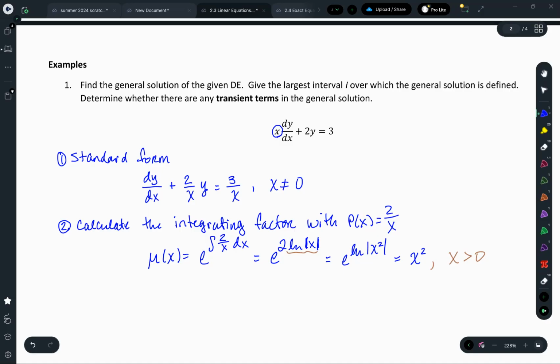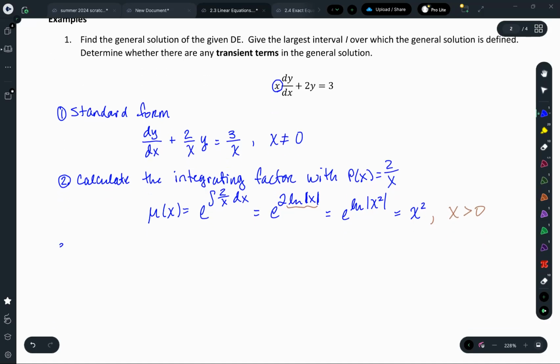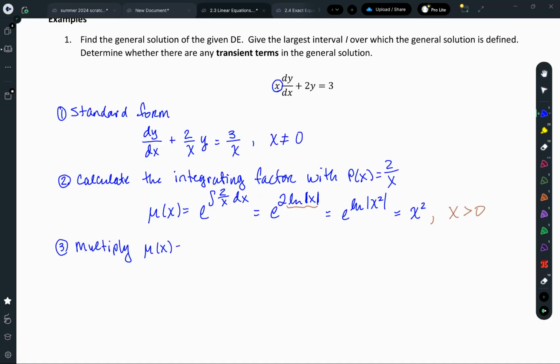All right. Now, the next thing to do is to multiply mu of x equals x squared through the differential equation in its standard form. So we're never going back to the original form. We're sticking with the standard form.